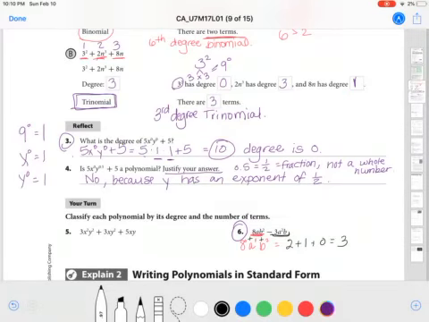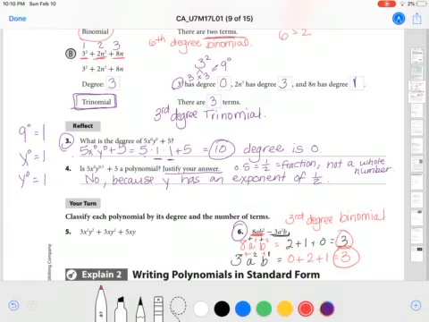And if I look at this term here, I have 3 to the 0, a squared, b to the 1, which is, if we go in and add our exponents up, we have 0 plus 2 plus 1. And so our highest degree is going to be 3. So we would have a third degree binomial, because again, I have 2 terms, which is where we get binomial. Okay?